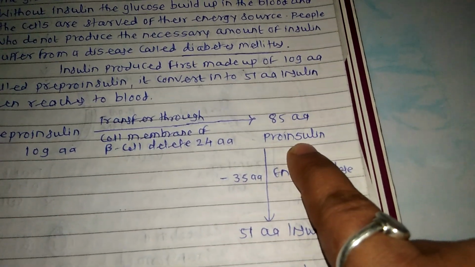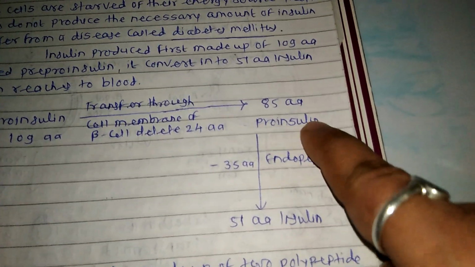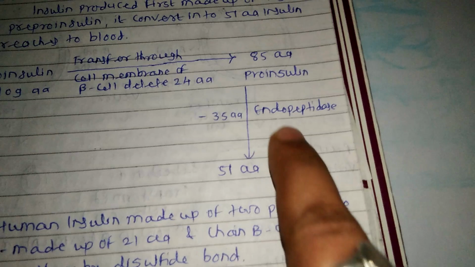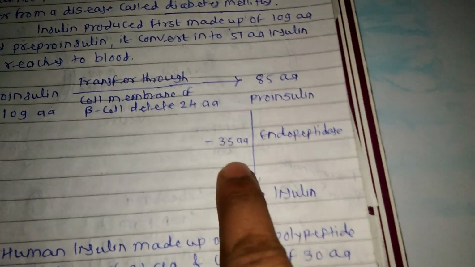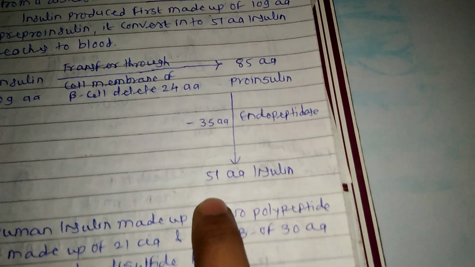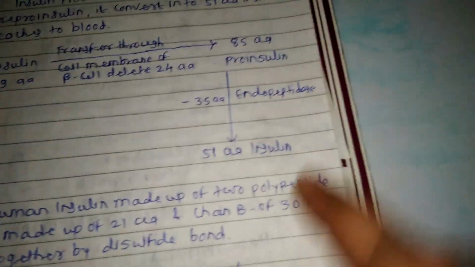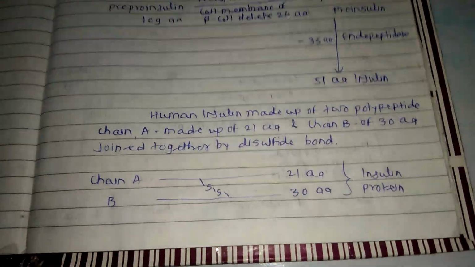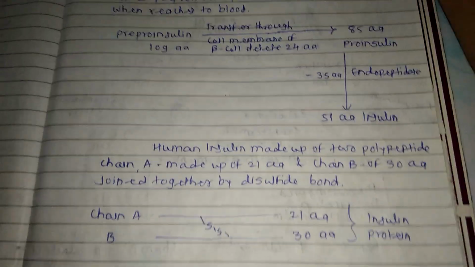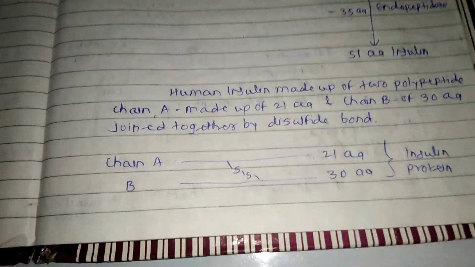Again, when the proinsulin reaches the blood through the tissue fluid, 35 amino acids are deleted with the help of endopeptidase enzyme, and finally the 51 amino acid insulin, the normal insulin, reaches the blood and performs its normal role, the normalization of the blood glucose level. As I said, this insulin is produced in industry by recombinant DNA technology.